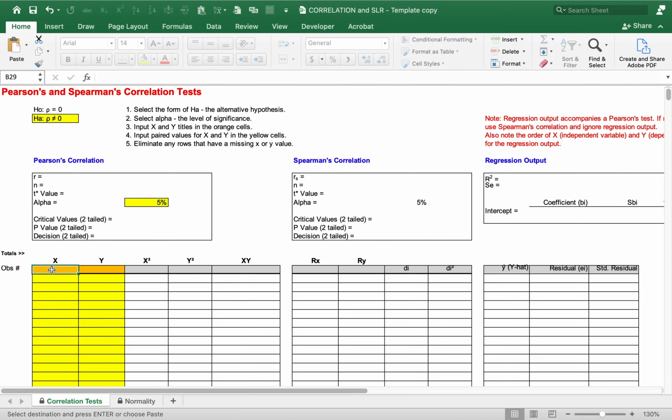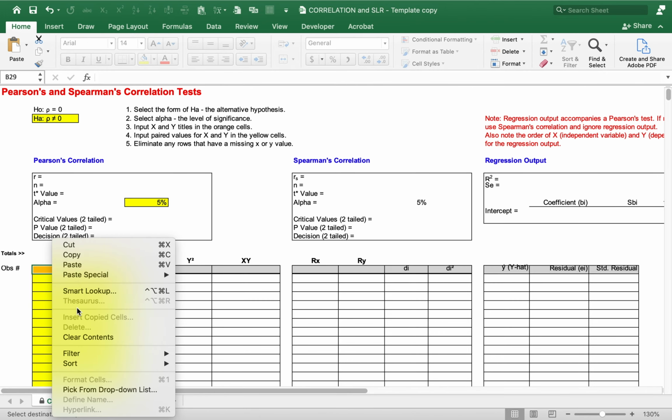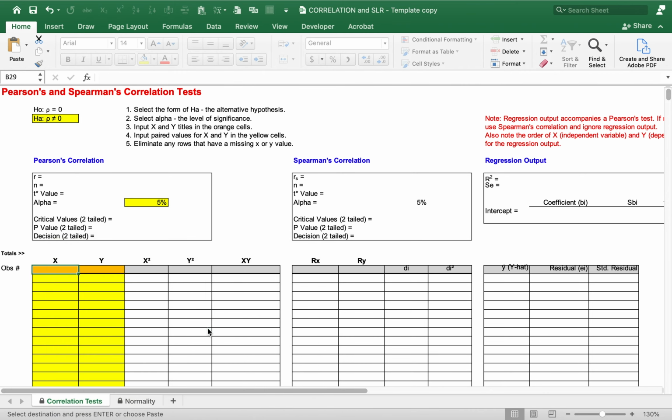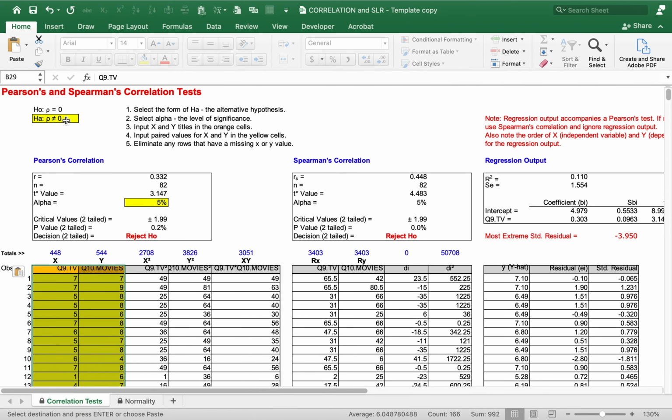But I'm going to come back to the same spot here, clear out what I had before, right click, and paste the values. Now, of course, I can go up here and say, I want to test to see the relationship between these two.